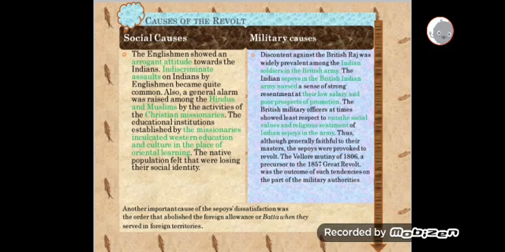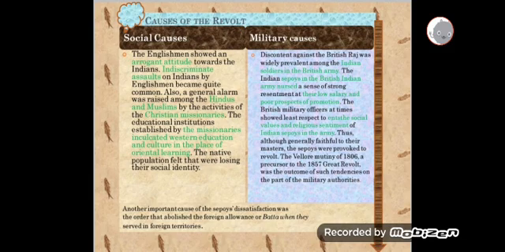On the other side, discontent against the British Raj was widely prevalent among the Indian soldiers in the British Army. The Indian sepoys in the British Indian Army nursed a sense of strong resentment over their low salary and poor prospects of promotion. The British military officers at times showed the least respect to the social values and religious sentiments of Indians in the army.